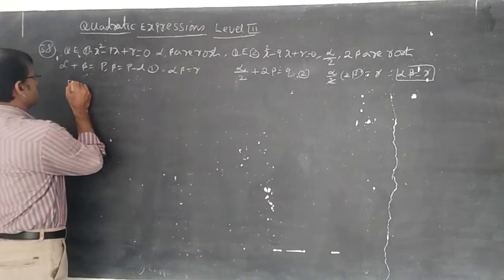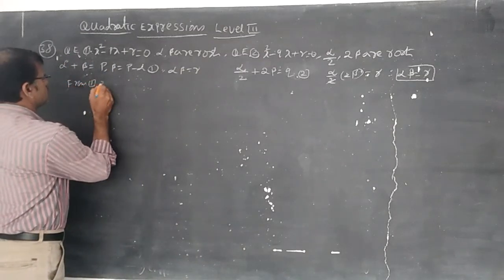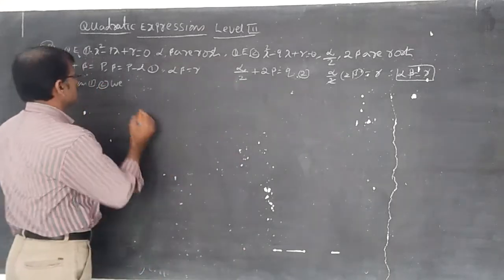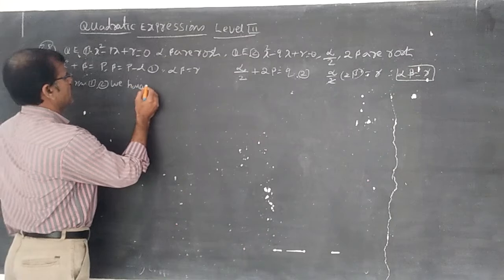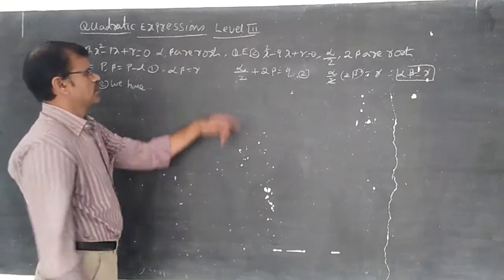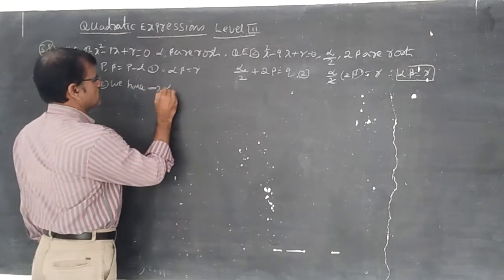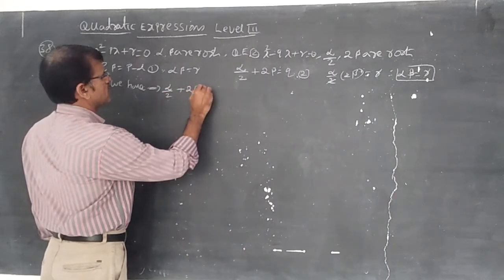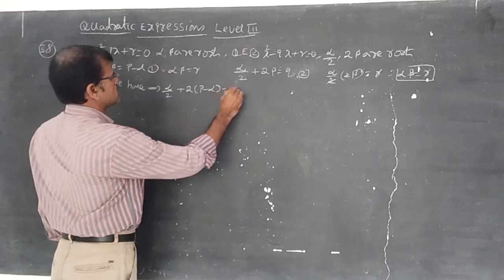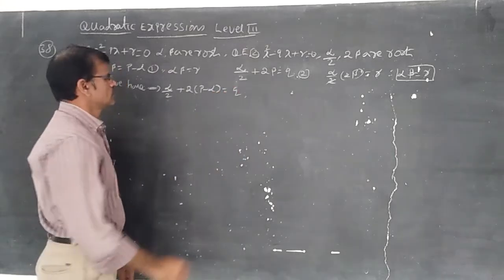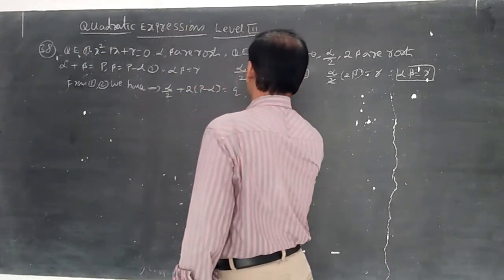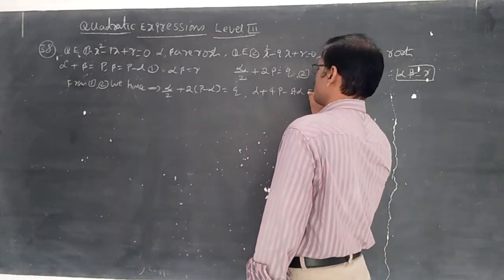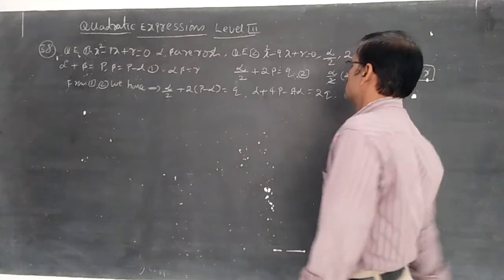Now from 1 and 2, substitute the value from 1 in the second equation. Instead of beta, you write p minus alpha. That implies alpha by 2 plus 2 into p minus alpha is equal to q. So alpha plus 4p minus 4 alpha is equal to 2q.